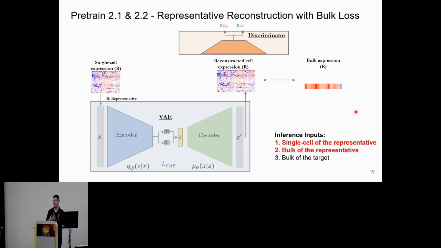For example, both samples have bulk data, and I compute a fold change between these two bulk data, and I will have pseudo bulk for the representative sample, and I use this fold change and the pseudo bulk of the representative sample to estimate the pseudo bulk of the target sample. So the model only deals with pseudo bulk. This is a way that we bypass any technical difference between the bulk data and single cell data. We have more details in the paper.